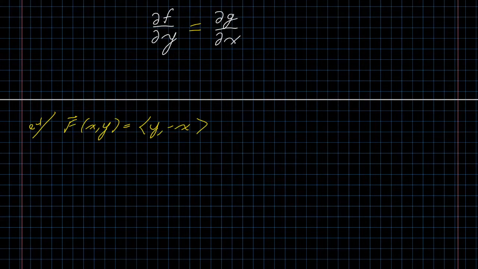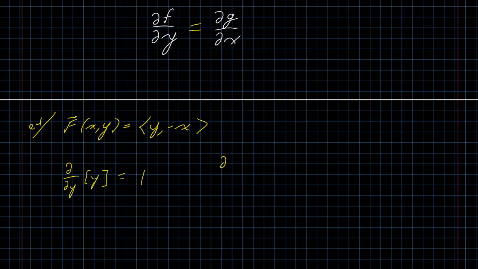So for example, let's take a look at the function F of x y given as y, negative x. This is the vector field that we've looked at previously. We found that it kind of had some annoying properties. But notice that if we take the partial of the x component with respect to y, we get 1.